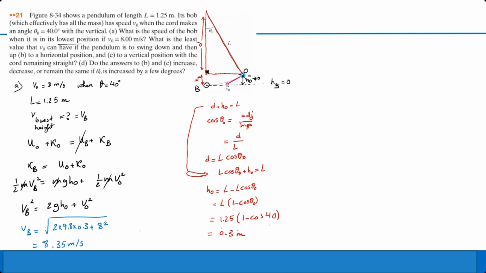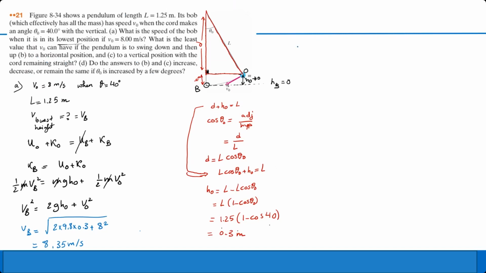We want an initial speed starting at angle 40 as before, but giving a different initial speed. So I want to change V0, which is 8, such that the pendulum reaches a horizontal position. It will swing down and go all the way up to a fully horizontal position. That's what we want.